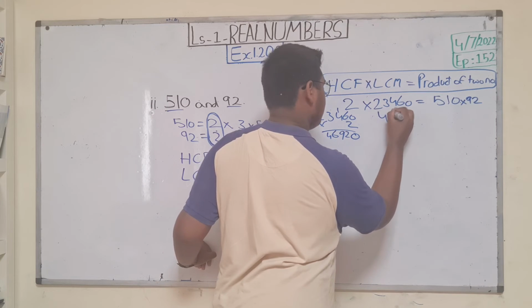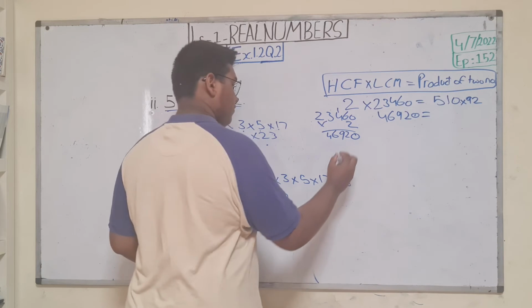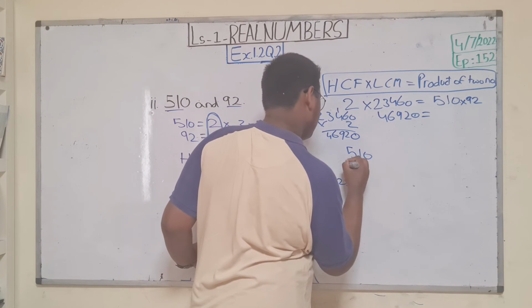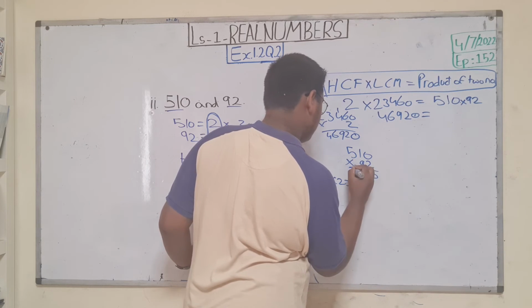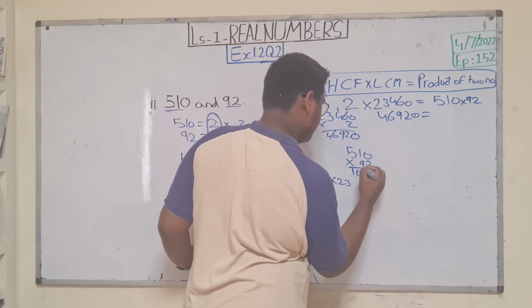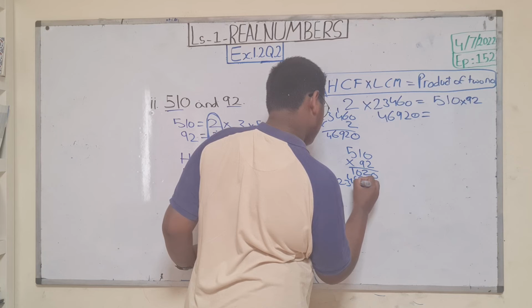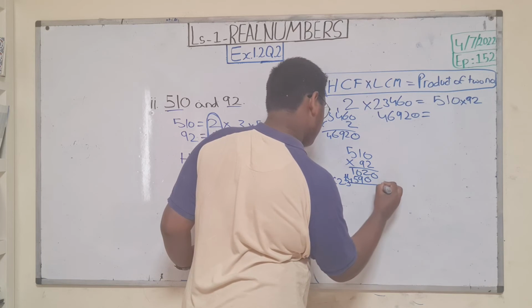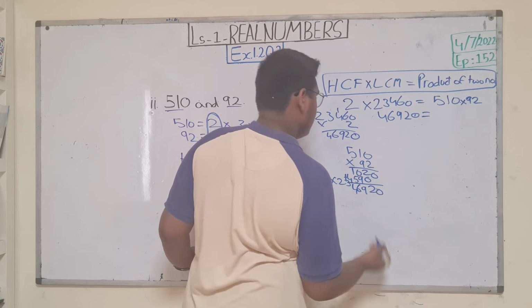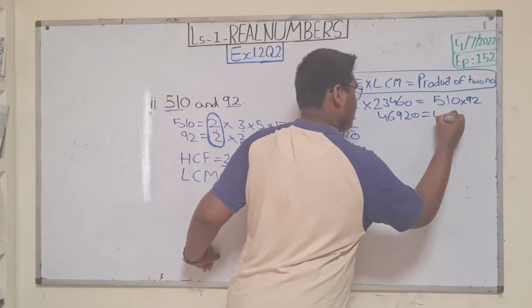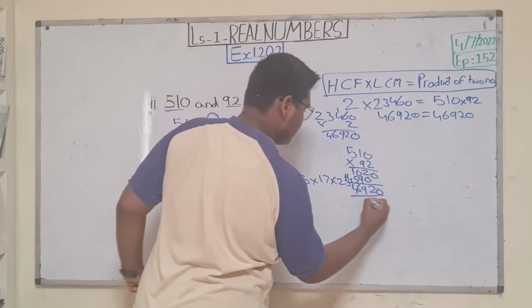So here we are getting 46920 is equal to 510 into 92, right? If we add, see, we are getting the same answer, 46920.